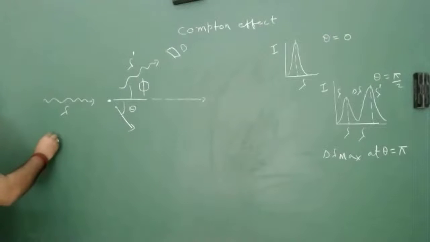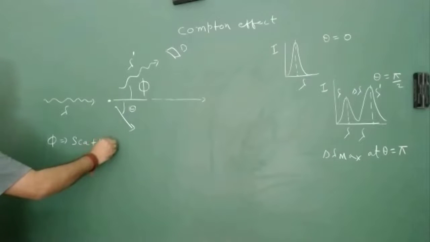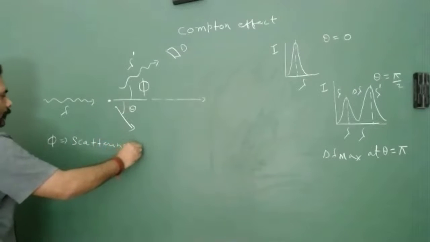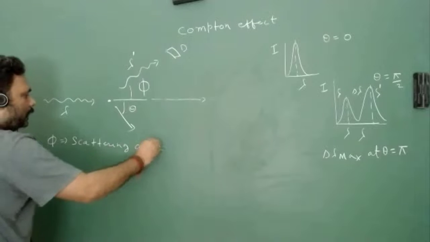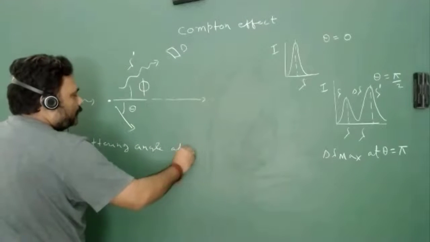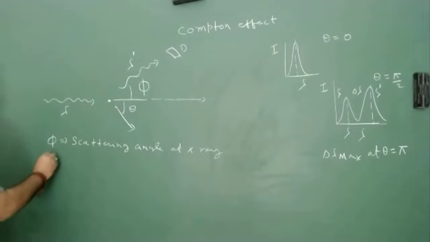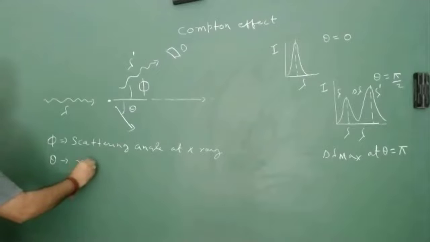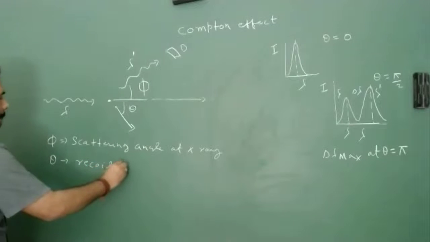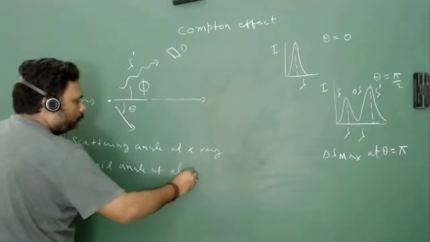So phi is the scattering angle of the X-ray, and theta is the recoil angle of the electron.